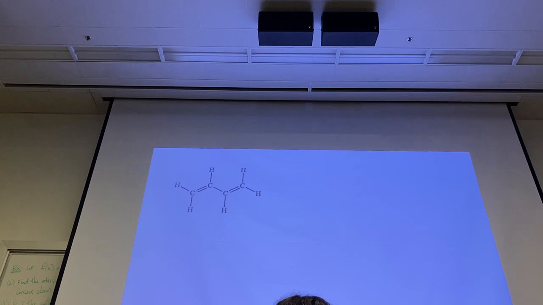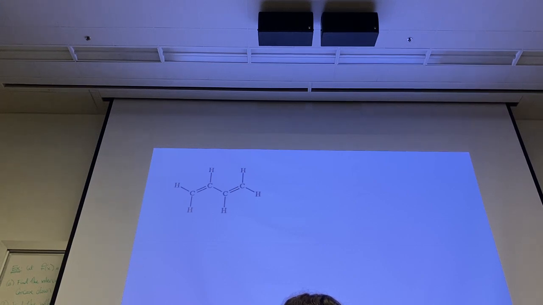But now, of course, we have 4 carbon atoms. So how does that work? Well, it works in exactly the same way. We have 4 carbon atoms. All of them have 1 electron in the p orbital, and those p orbitals will mix to form molecular orbitals.